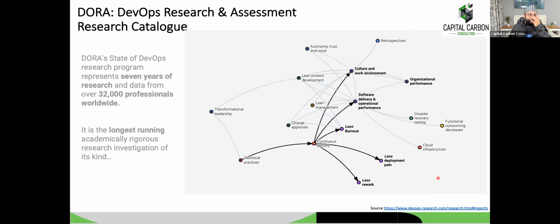What is DORA? DevOps Research and Assessment. They come out with a catalog. They've been in business for about 7-8 years. They collect data from thousands of professionals worldwide. It's a very reputed institute. I would highly recommend you to do some research on what DORA is. They publish a State of DevOps report every year.